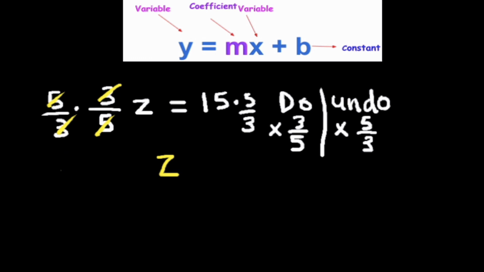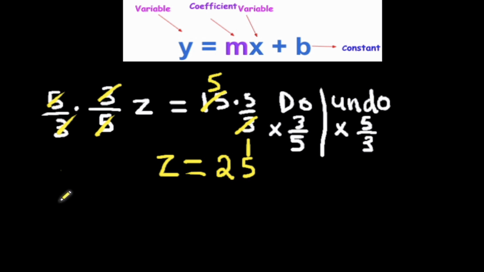Okay, so like I was saying, z is equal to, and let's simplify 15 times 5/3. So 3 goes into 3 once, 3 goes into 15 5 times. 5 times 5 equals 25. So z equals 25.